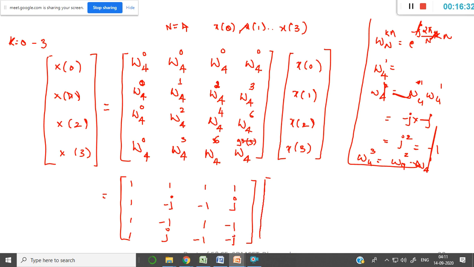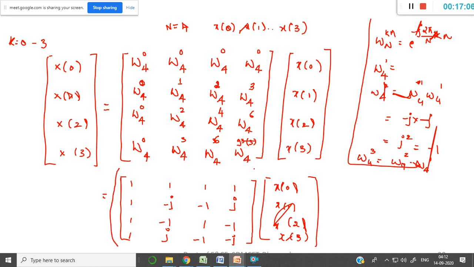So this is my standard matrix, multiplied by x of 0, x of 1, x of 2 and x of 3. Now the matrix is ready for the 4-point DFT. For any 4-point DFT, whatever the input sequence may be, maybe it is 1, 2, 3, 4, maybe it is 0, 1, 2, 3, anything, this middle factor matrix remains constant.